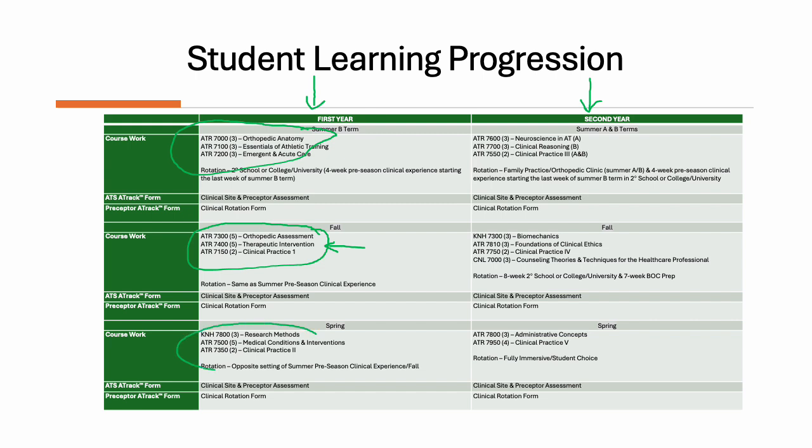If they're in the spring, then again, think about all the things that they've taken in the past. So these things they should be getting better at, and we're adding in gen med conditions and research methods, so again, just building on their knowledge. So everything is a progression.